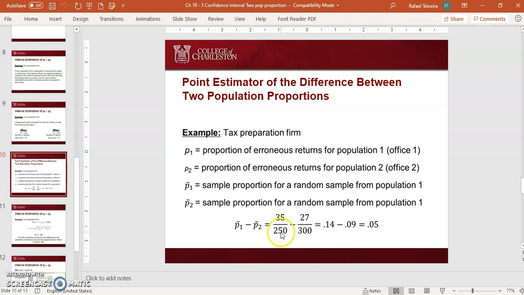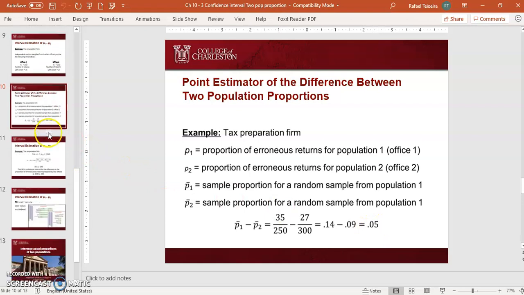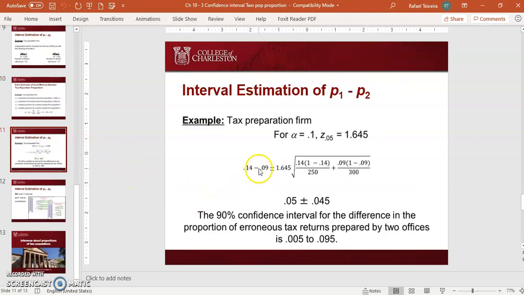So 35 over 250 minus 27 over 250 gives us 0.14 minus 0.108, which the difference is 0.05. This is the expected difference. Okay, so this is the number that is going to come in this formula, which is our difference plus and minus a z-score multiplied by the standard error. Okay, so this is how the formula is.